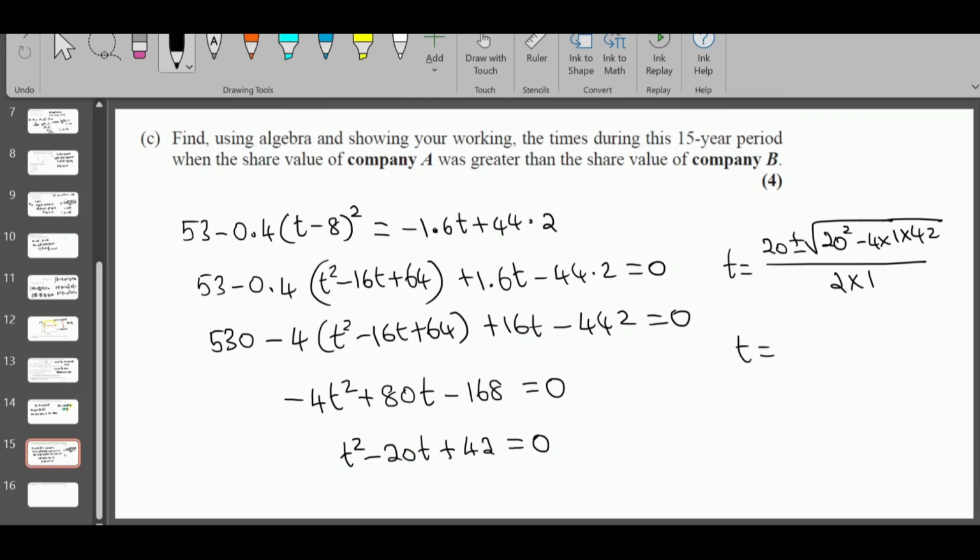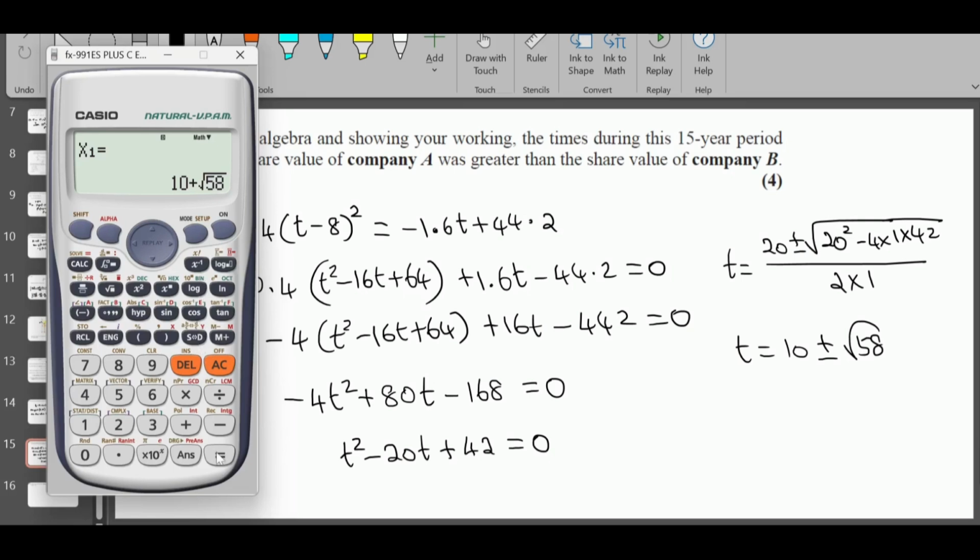Now take the answer from the calculator. The first one is 10 plus the square root of 58, and I'll put it as 10 plus or minus the square root of 58. But this is a positive number. 10 minus the square root of 58 is also a positive number, 2 point something. The first value is 17 point something.